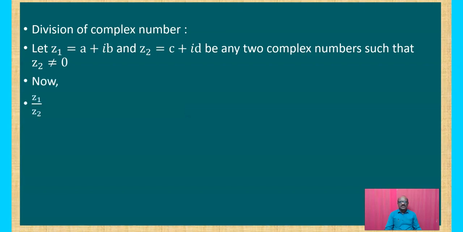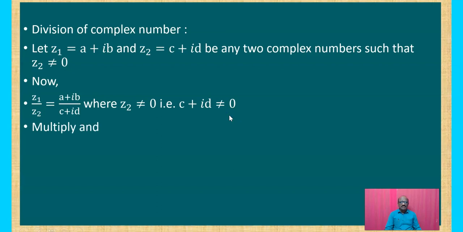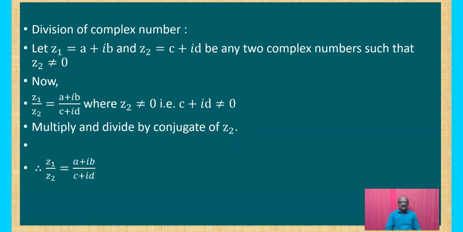Now z1 upon z2 is equal to a plus ib upon c plus id, where z2 is not equal to 0, that is c plus id is not equal to 0. Multiply and divide by the conjugate of z2. Therefore, z1 upon z2 is equal to a plus ib upon c plus id, into the conjugate of c plus id, which is c minus id, multiplied numerator and denominator by c minus id.